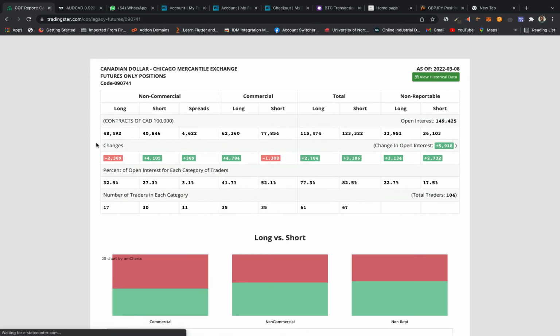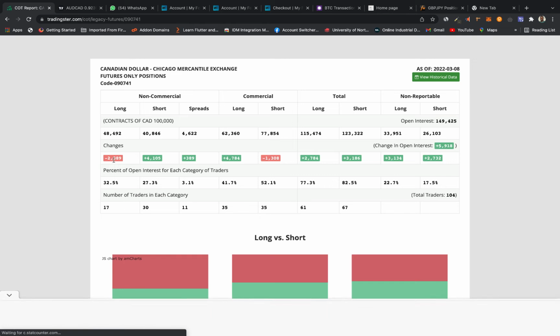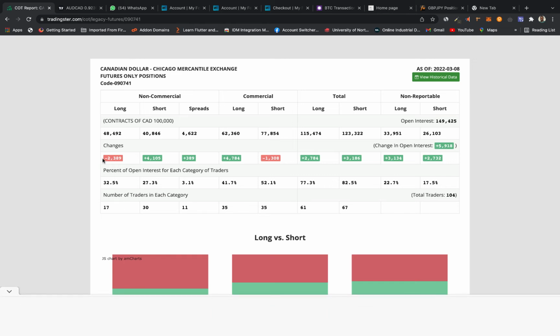What is happening on the Canadian dollar? The longs are being closed, a close of about 2,389. And how about the shorts? A whopping increase of 4,105 units. More firms are shorting the Canadian dollar than are buying it.